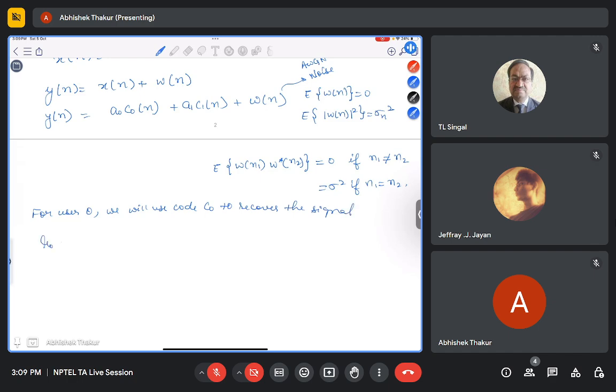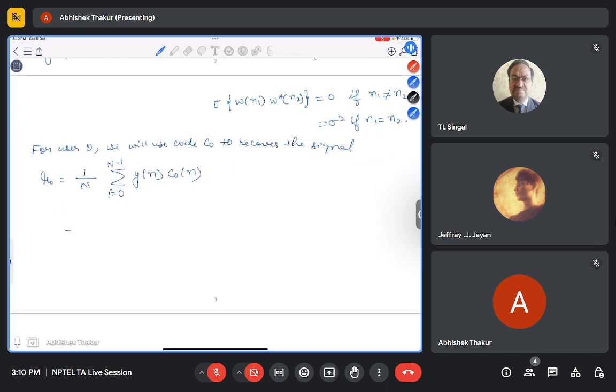So R0 is equal to 1 by N times the sum of y[n] times the code of user 0, for n equal to 0 to N minus 1.